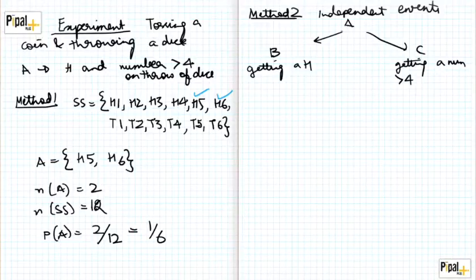So we have divided the event A into two parts: event B, getting an H on the toss of a coin, and event C, getting a number greater than 4 on the throw of a dice.